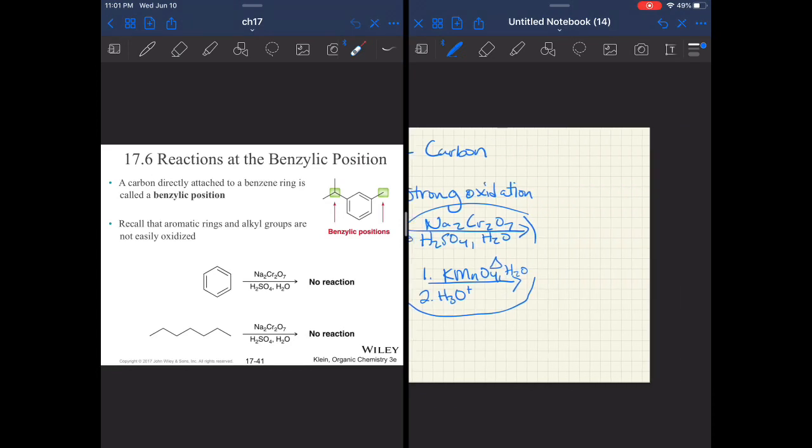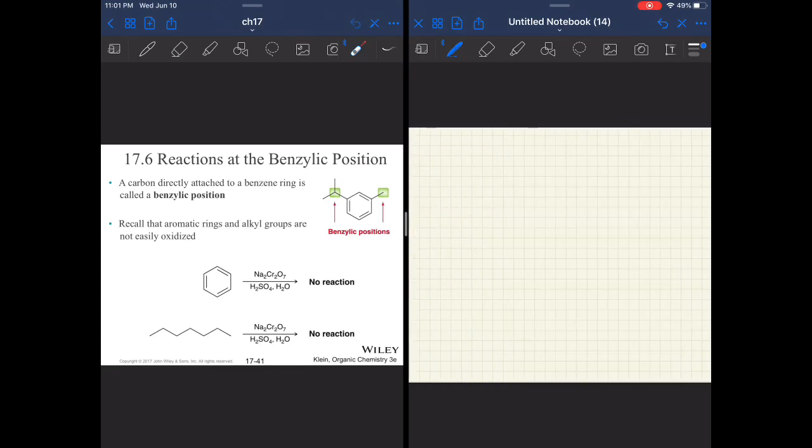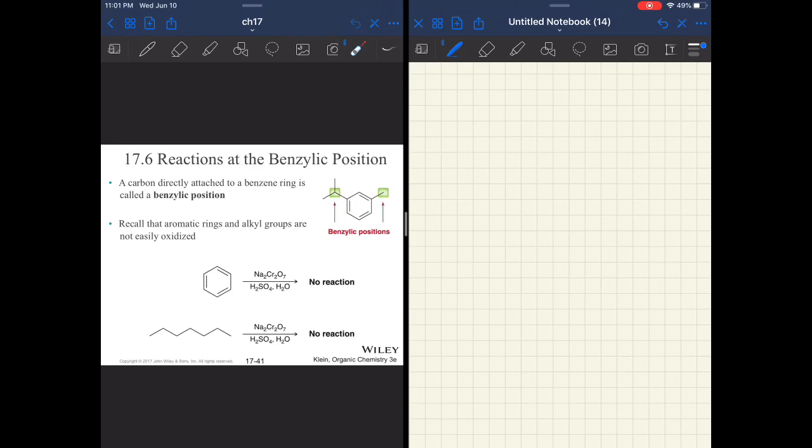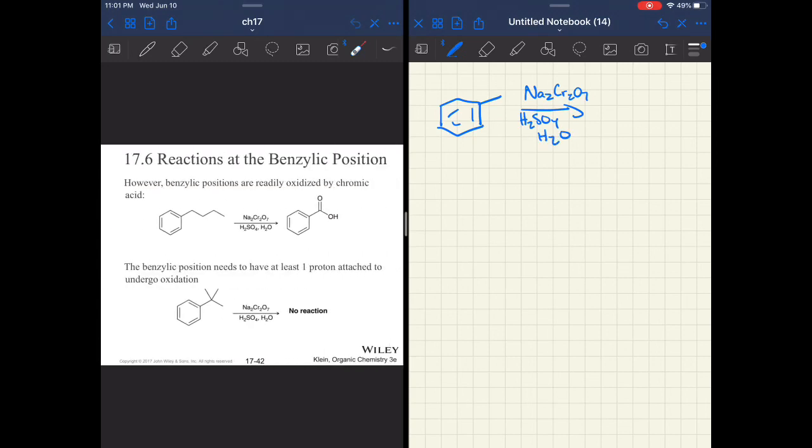But there's something special about that benzylic position that does react with sodium dichromate, that does react with these strong oxidizing conditions. And it allows us to oxidize that carbon all the way to a carboxylic acid.